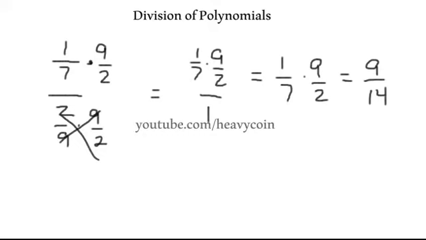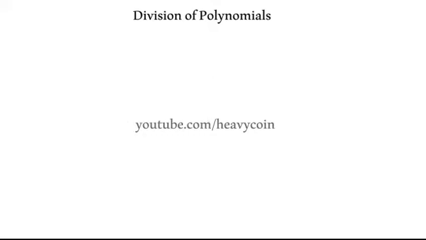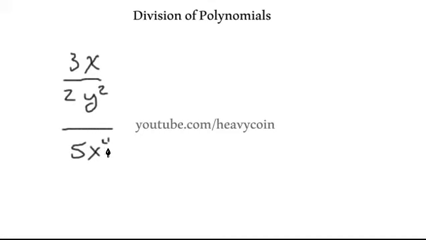Okay, so let's actually work something that's got some variables involved. So let's say that we had 3x over 2y squared, and that's all over 5x to the 4th over 4y cubed.